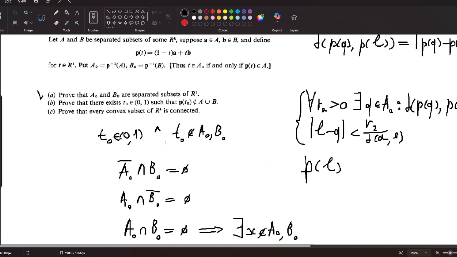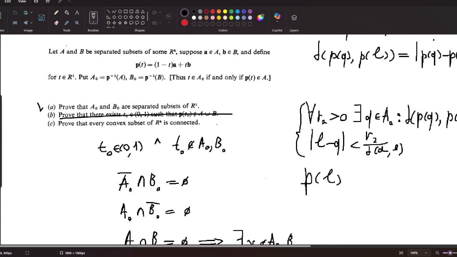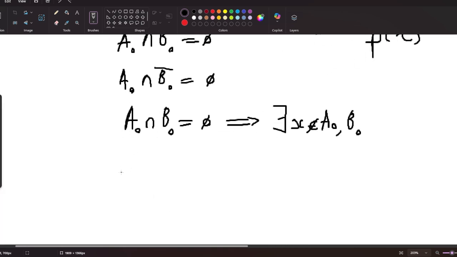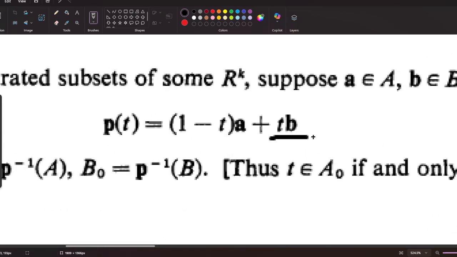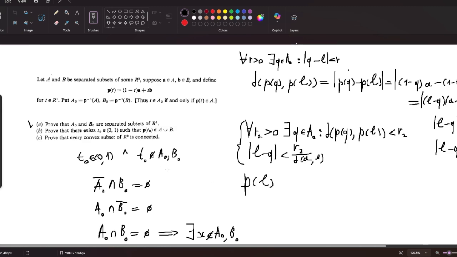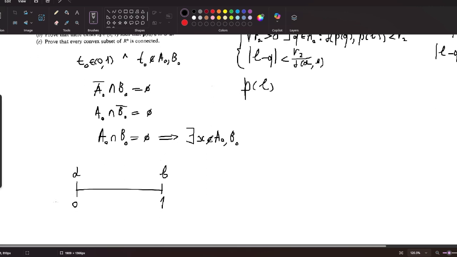Now, the only way for this to be false is if the interval from 0 to 1 is entirely occupied by A0 or B0, which is not the case, because if we plug in 1, it's going to be B, and if we plug in 0, it's going to be A. So on the number line, we have 0 and 1; here it's going to be A, and there's going to be B. That being said, there must exist at least a single element that does not belong to A0 or B0.